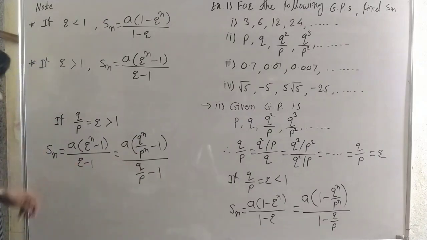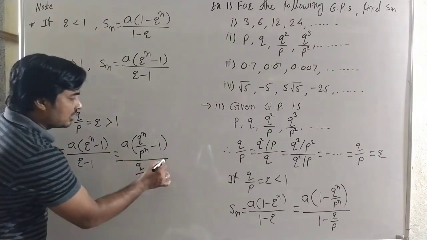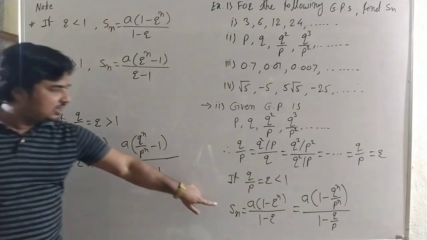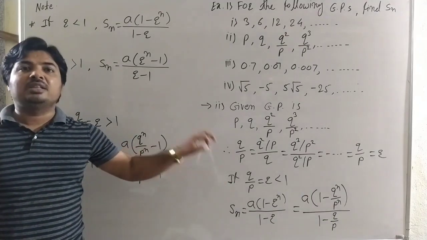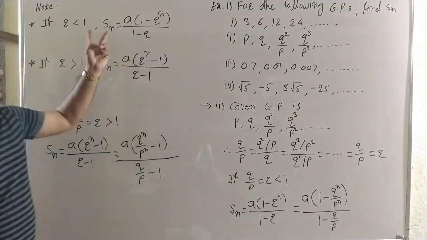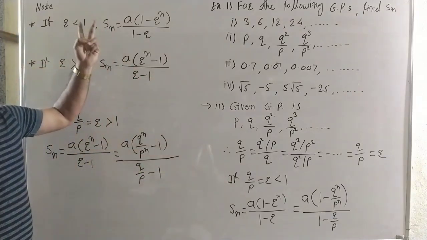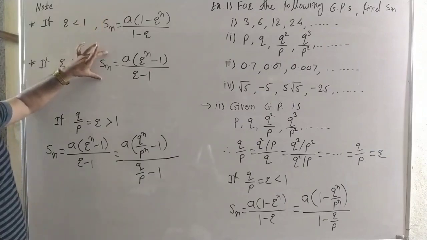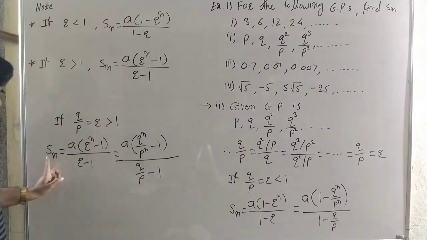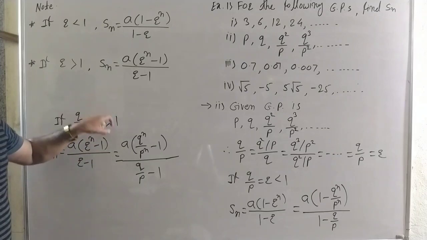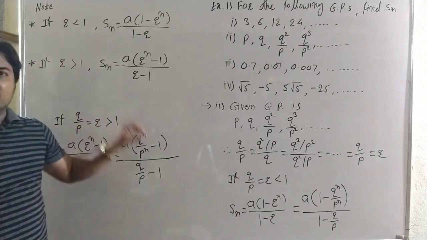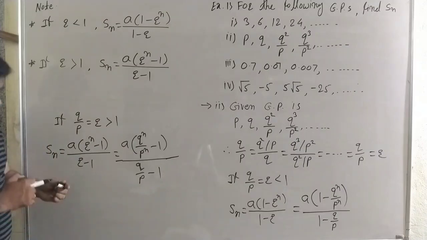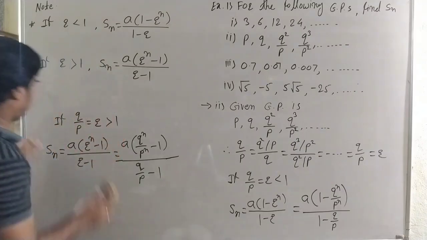Here it is the sum of the n terms when R is greater than 1, and the earlier one is when R is less than 1. This is the formula for the sum of the first n terms when R is less than 1 and when R is greater than 1. See carefully, here we take both the cases. Now we take the third example.